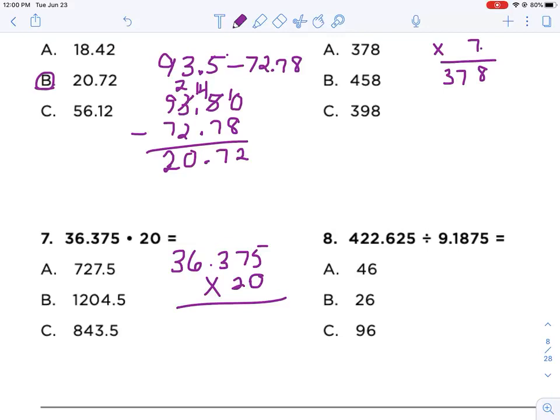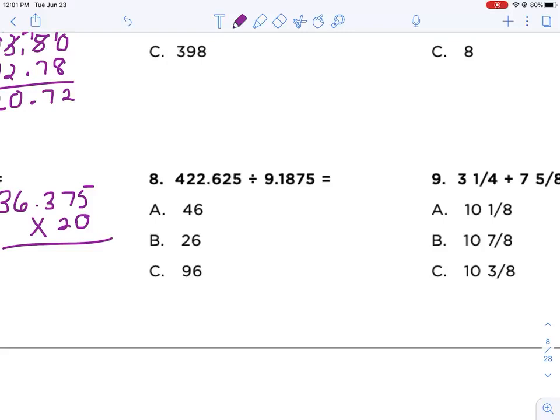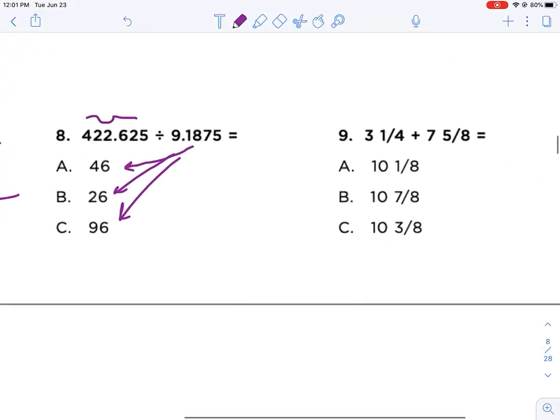Okay. So if that reminds you of anything here. One thing you can do for 8, if you hate division, is multiply this times any of those, and whichever one is correct should be the multiplication of 422625.